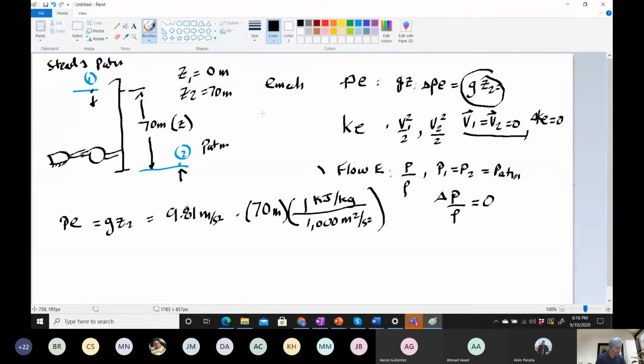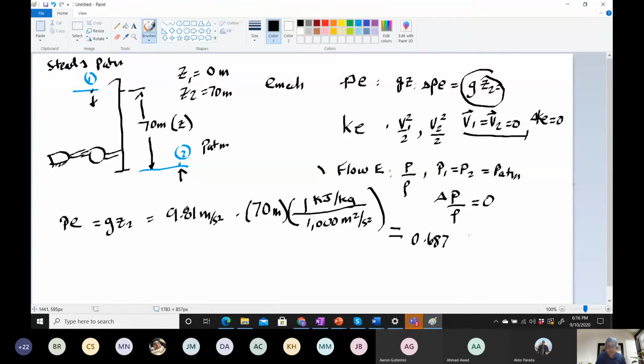We were given the output of the turbine, the generation of electricity at the generator. Those are in kilowatts, so we need to make sure our units are in kilojoules per second to give us kilowatts. You have to be really careful when you're working with units. So you're going to have to divide by 1,000 to get kilojoules per kilogram here.